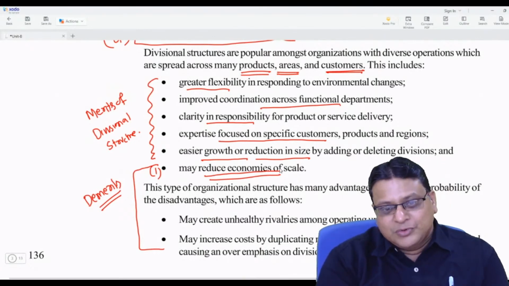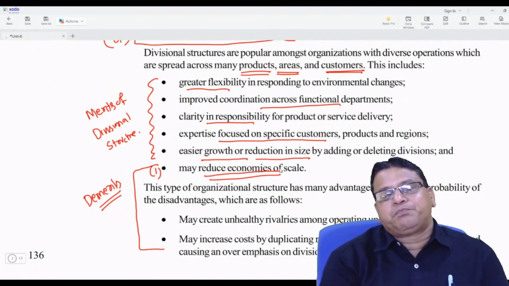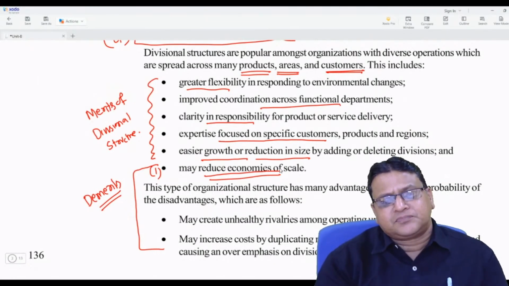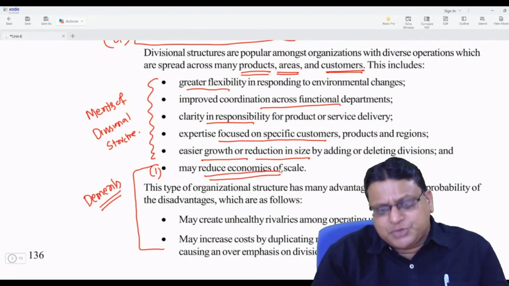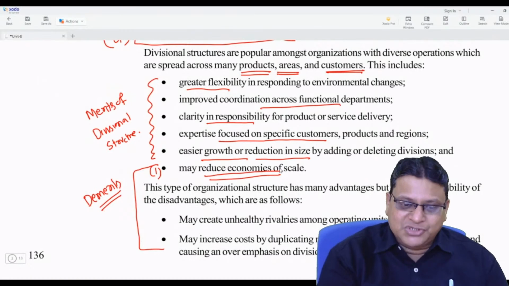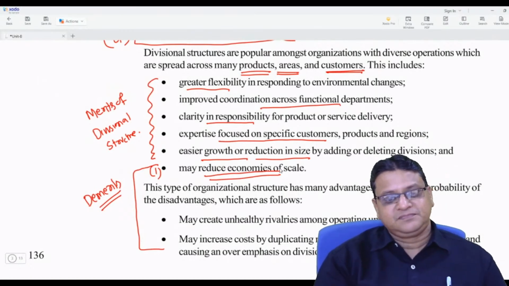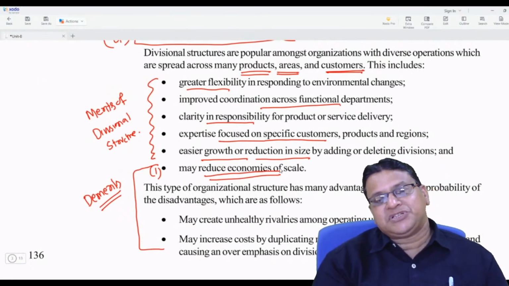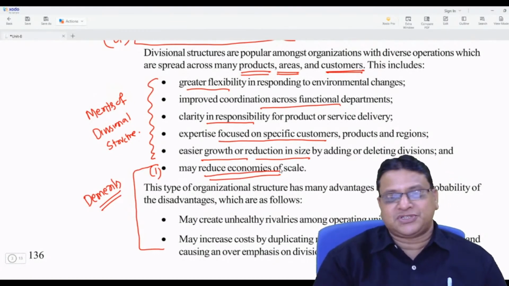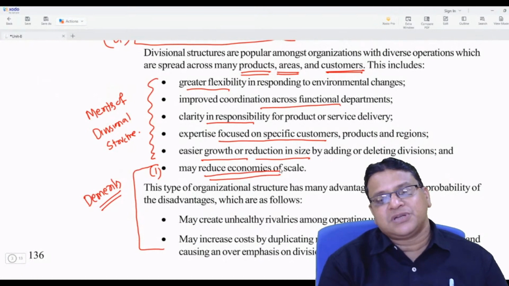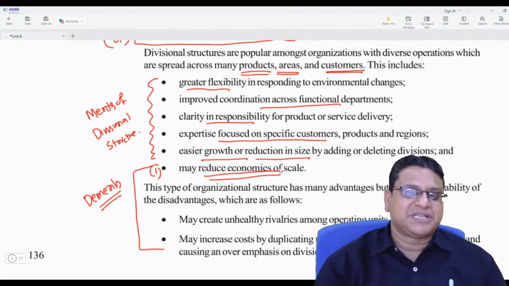When you produce or perform a particular good or service in huge volume, per unit cost comes down. This is known as economies of scale.